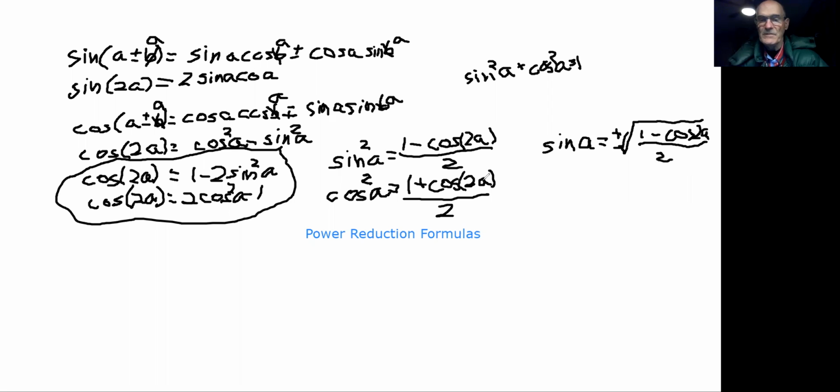And then we do the same thing down here, and we get cosine A equals plus or minus the square root of 1 plus cosine 2A all over 2.